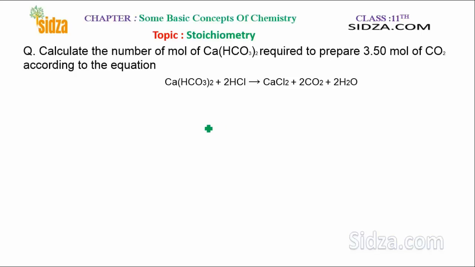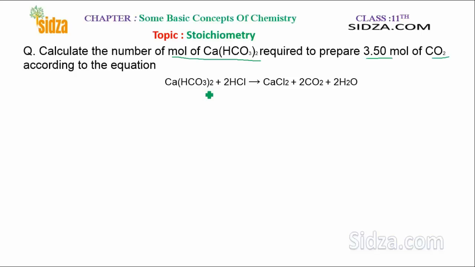Let's take another question. Here we have to find, from this balanced chemical equation, the number of moles of calcium bicarbonate required to produce 3.5 moles of carbon dioxide. So here is the equation. Calcium bicarbonate reacts with HCl and forms calcium chloride, carbon dioxide and water. This is the balanced chemical equation.